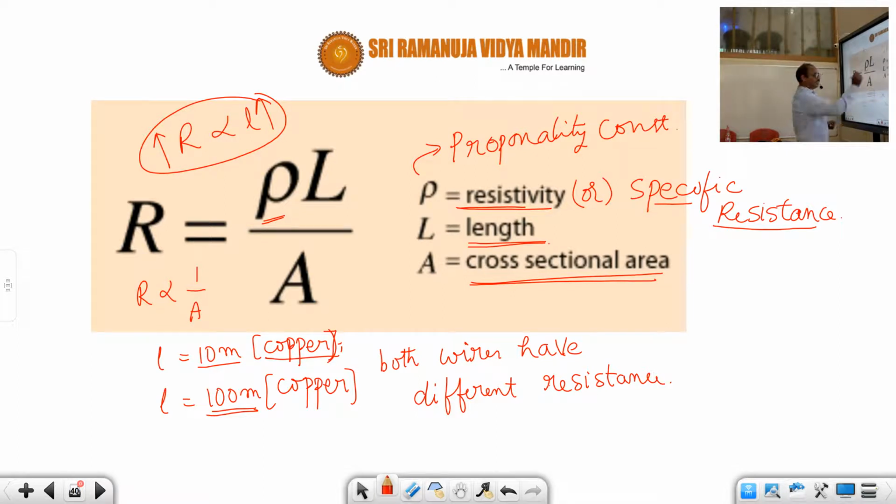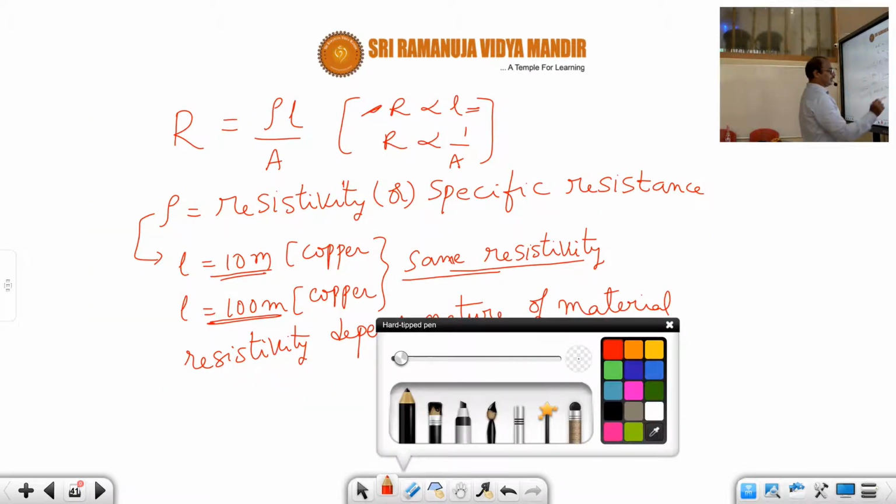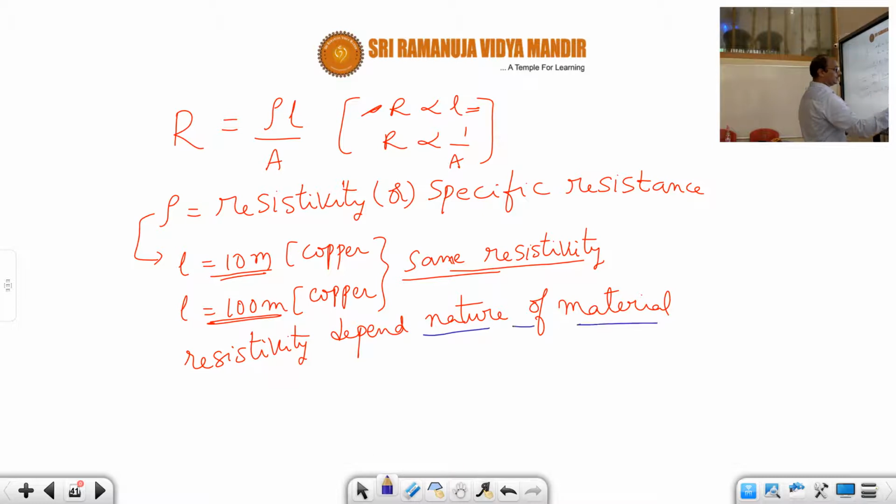Finally they gave this relation where rho is called resistivity. On what factors will the resistivity depend? The resistivity depends on the nature of the material and the temperature of the material.